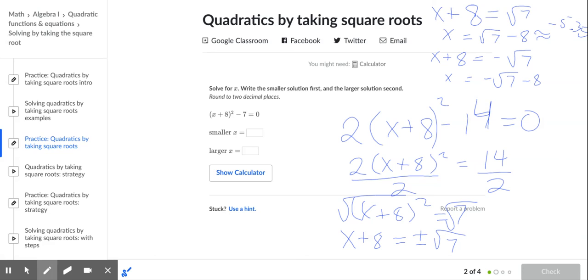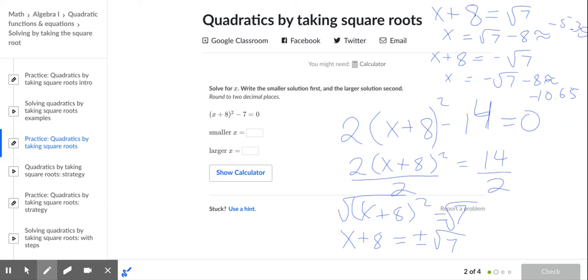Negative 5.35. And then if I put in negative square root of 7 minus 8, I get approximately negative 10.65. So these would be my answers. This is the bigger one, this is the smaller one, and those would be my answers for this.